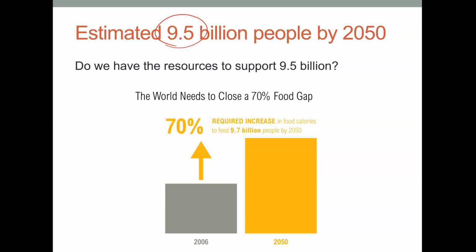So if you are in the United States and you only have 2 children, but you live in a 7,000 square foot house and you eat meat with every meal, and all of you have a car and you fly everywhere and you go on vacations and so on, you have a really large footprint in terms of the environmental impact that you have. So it's not just the number of people that we have, it's also the lifestyle that these people have as well.